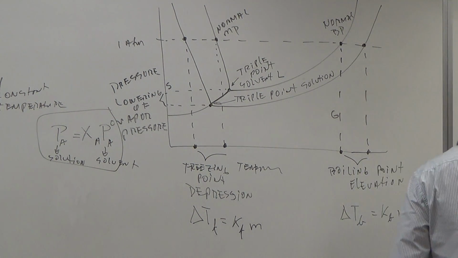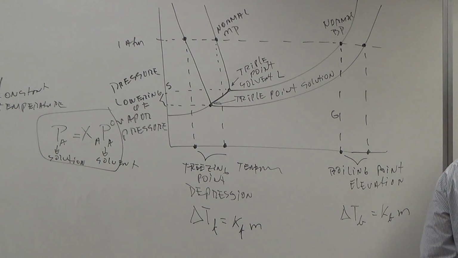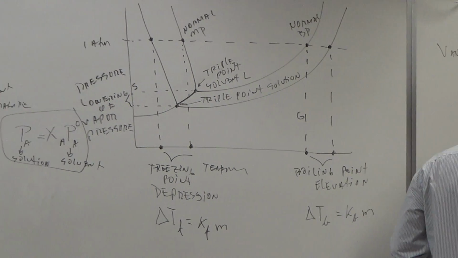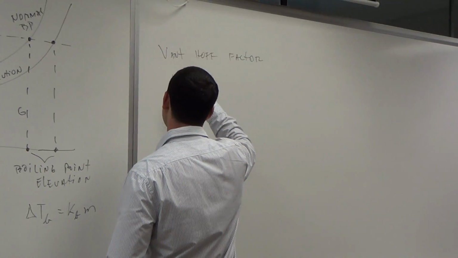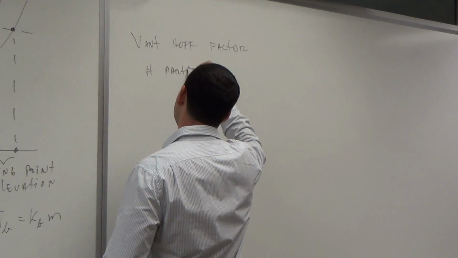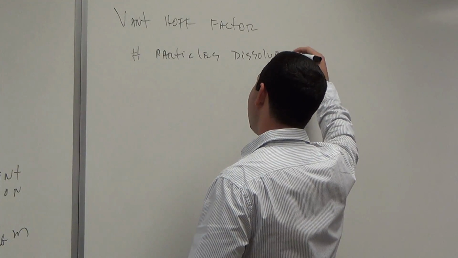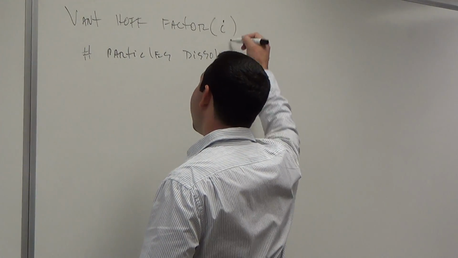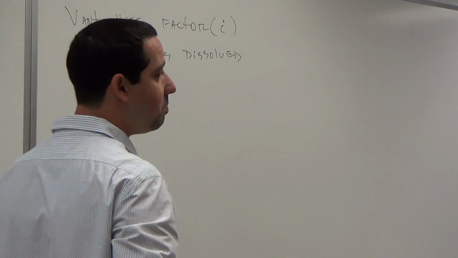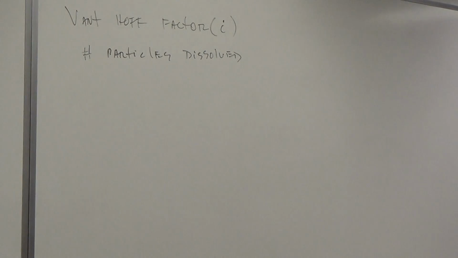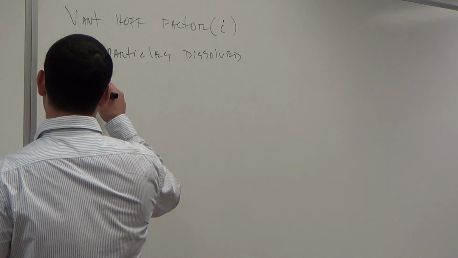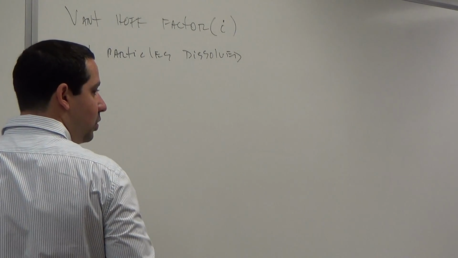The Van Hoff factor is related to the number of particles dissolved, not the number of molecules. Van Hoff factor is letter I. The purpose here is that you know which one is a Van Hoff factor and for what.